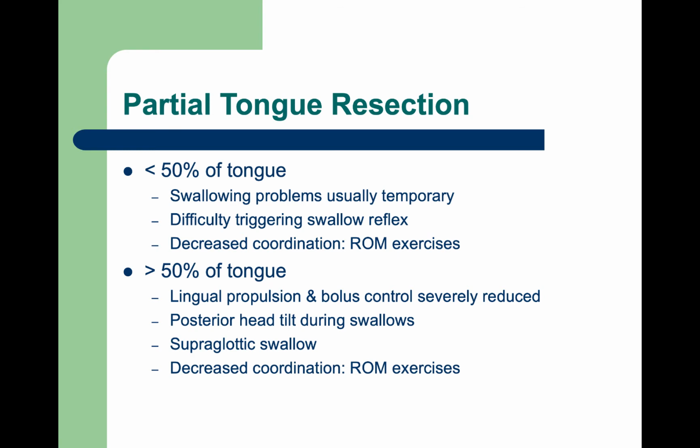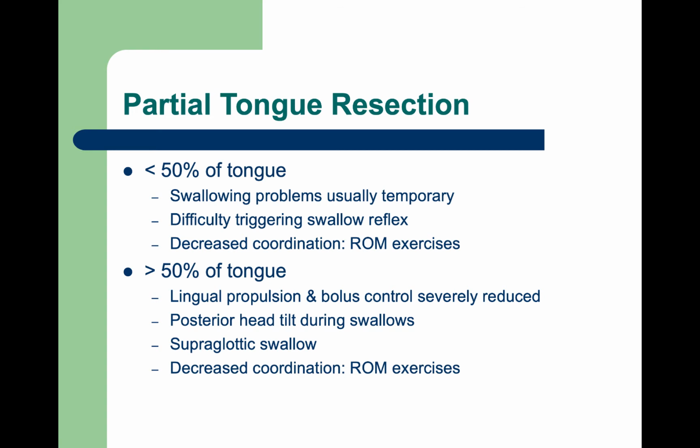Let's move on to more than 50% tongue involvement. So in this situation, we see severe oral control problems, especially with that lingual propulsion and bolus control. Because of the limited amount of tongue remaining, that tongue cannot reach the palate, which is necessary to have control of the food.